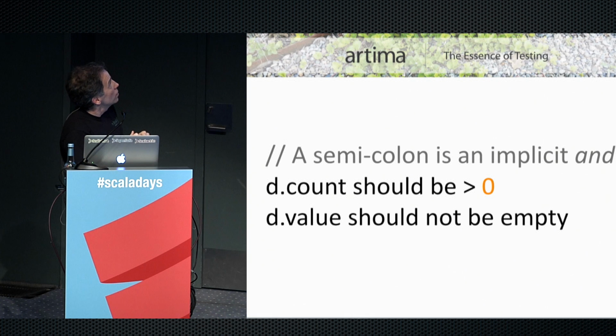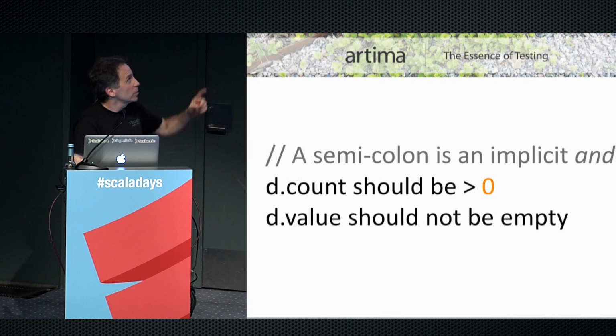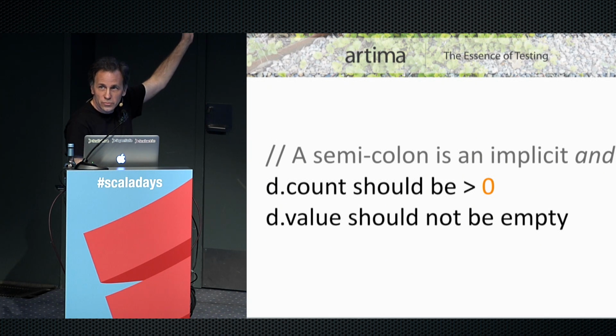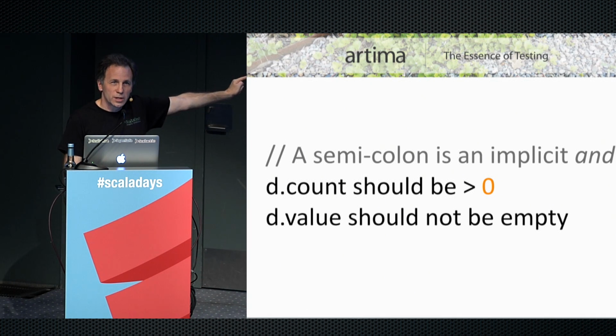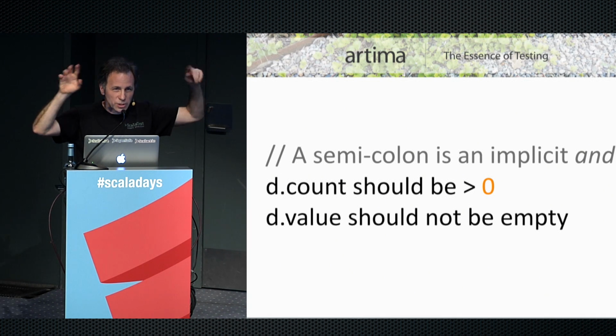So when I say d.count should be greater than 0, and then in the next line I say d.value should not be empty, there's an implied semicolon between those two, and that semicolon is like and. It's like a conjunction, because both of these have to be true for that to pass. If the first one is false, it throws an exception there and never executes the second one, like a Boolean expression that short circuits, right?